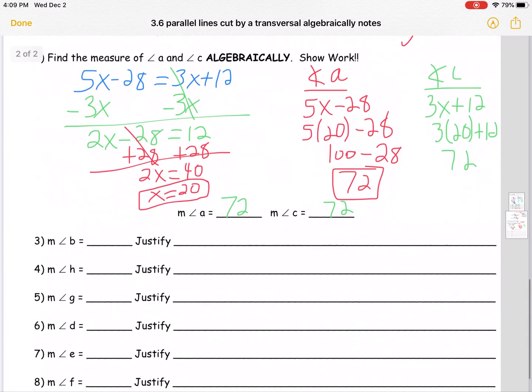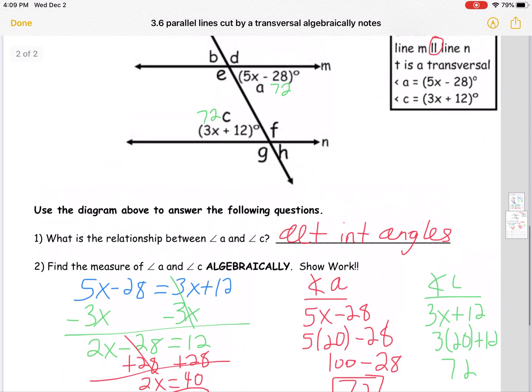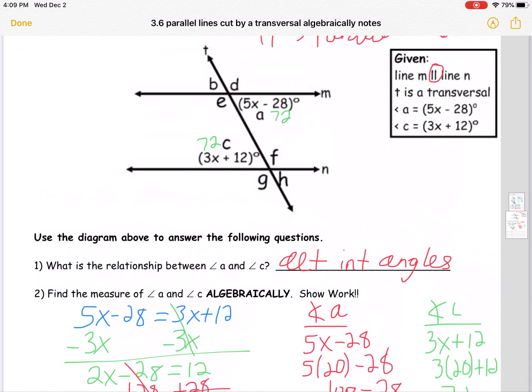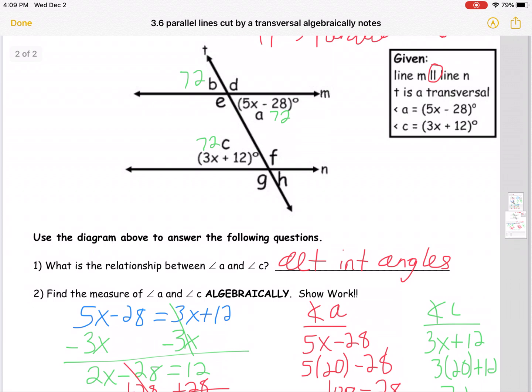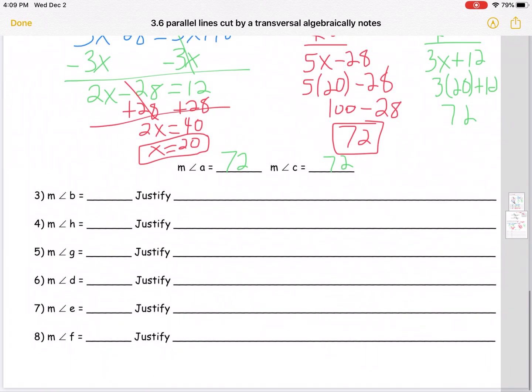So the next one they're asking us for is B. So B is going to be 72 again because it's vertical to A. Okay, vertical angles are equal. So B is 72 because it's vertical to A. All right.